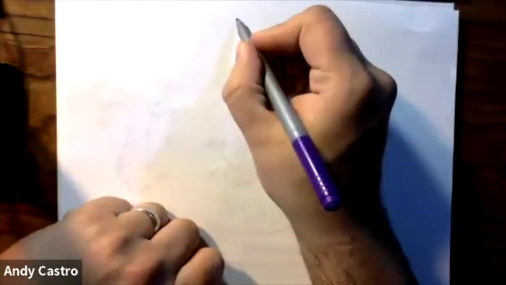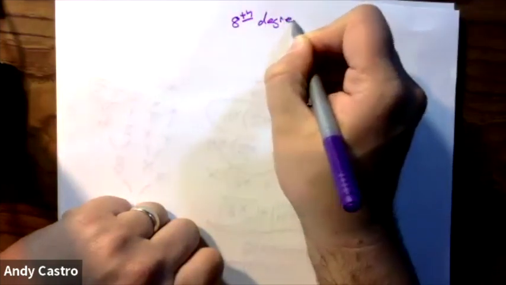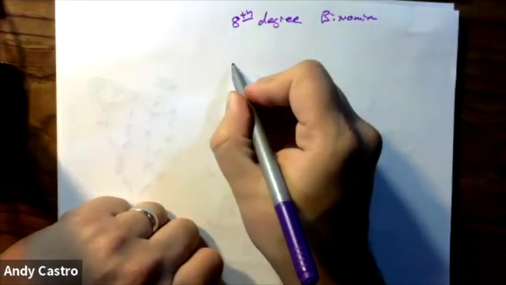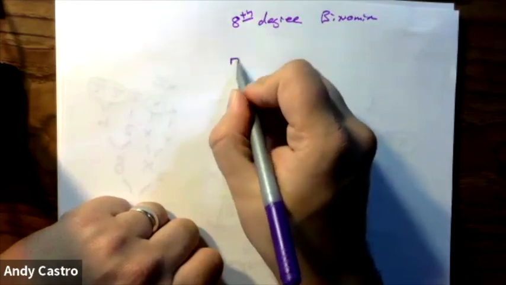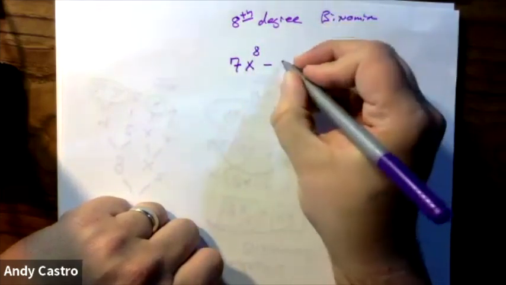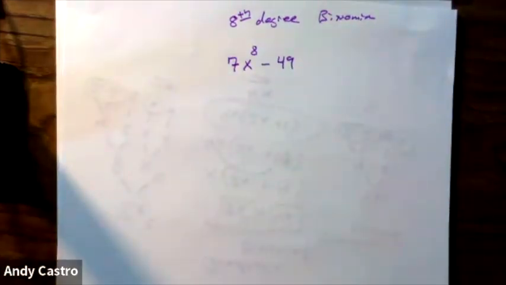Let's do an 8th degree binomial. We're going to do 7x to the 8th minus 49.